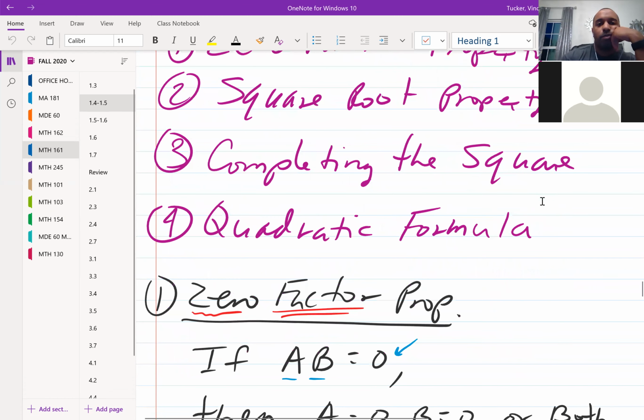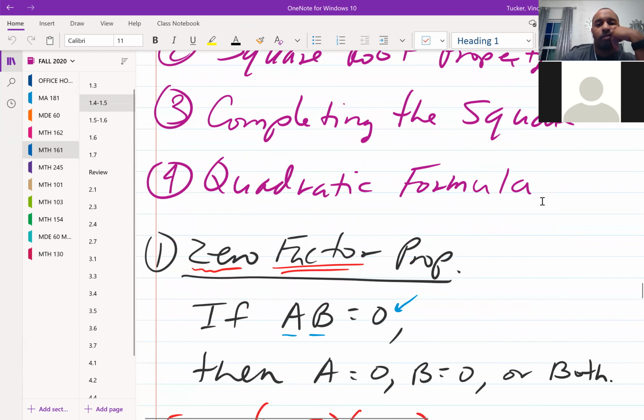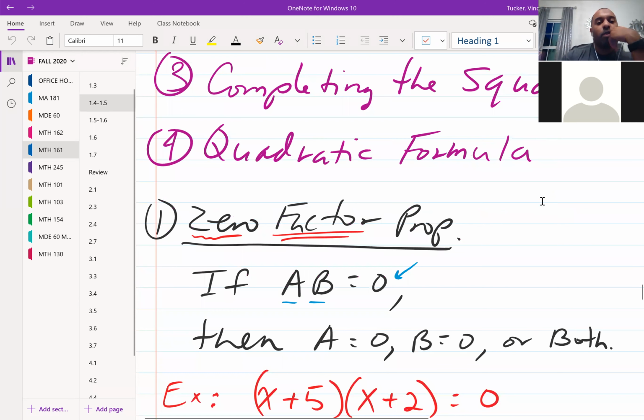So all 4 of those methods will be in this section. All right, the first one is the zero factor property.